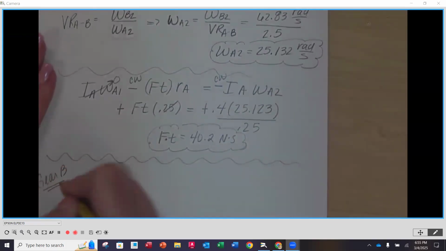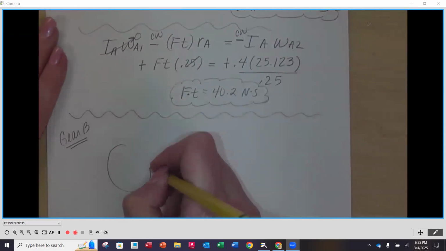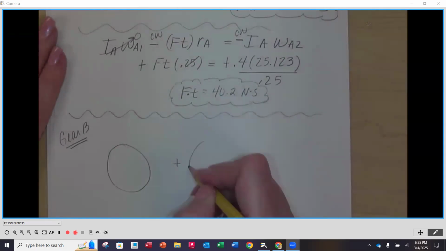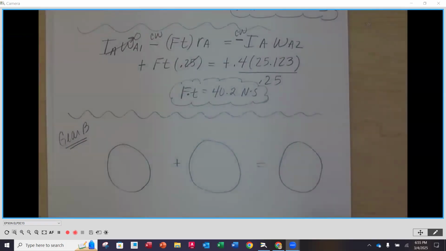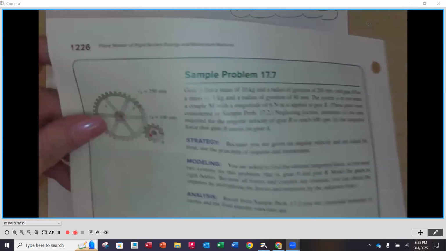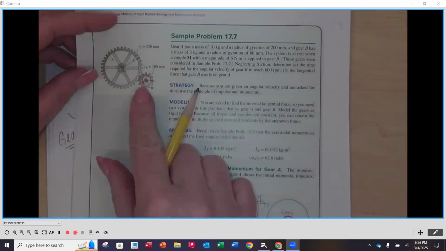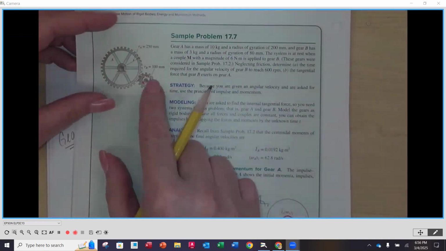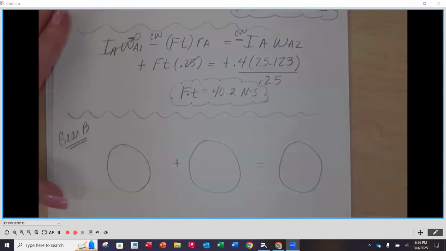So gear B. So we're going to do that same thing. We're going to draw our three circles. This is going to be the before plus the impulse during is equal to the after. Now, this time, we're going to use the same convention that we had earlier where counterclockwise is positive. And when we look here, we'll notice that the moment that's going to be pushed onto B is going in a counterclockwise direction.